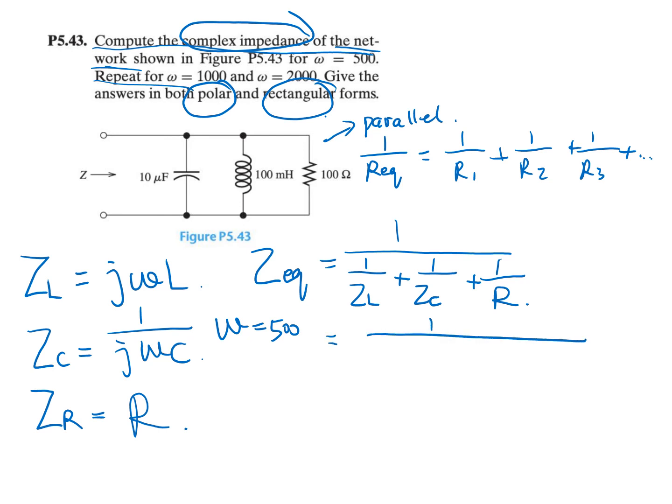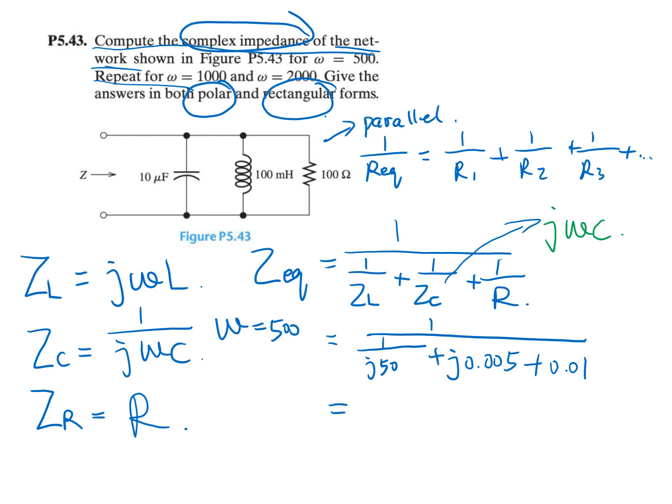This is equal to 1 over j50 plus, for this term, we have 1 over 1 over j omega C, so that's exactly j omega C. So now it becomes j0.005 plus the R here, 1 over 100, that's 0.01.